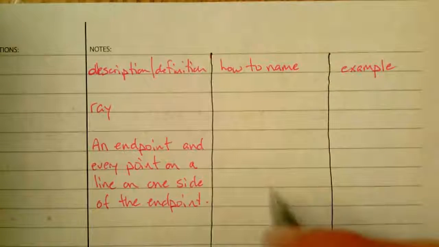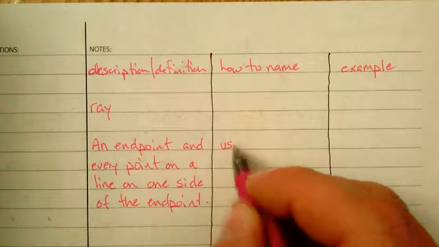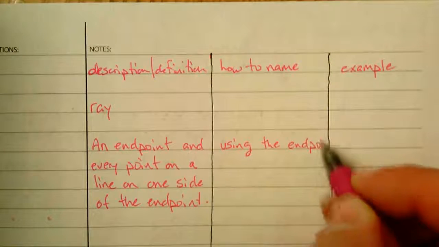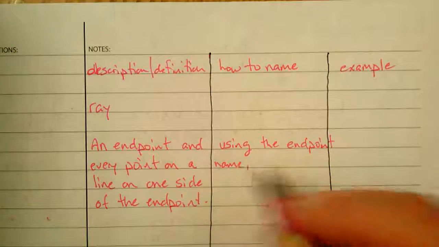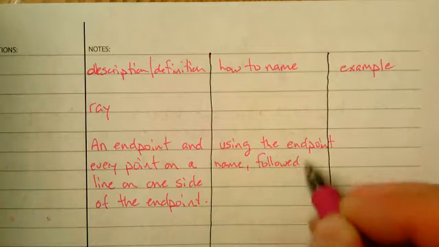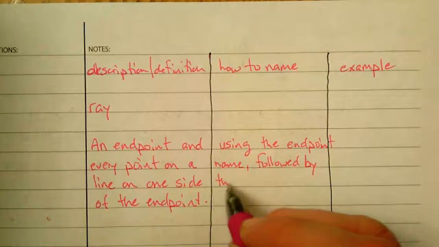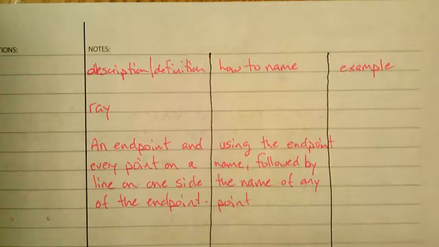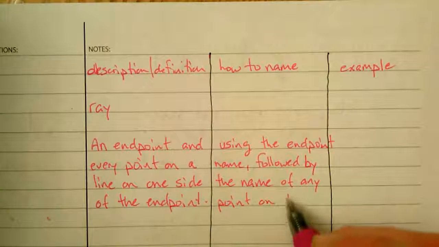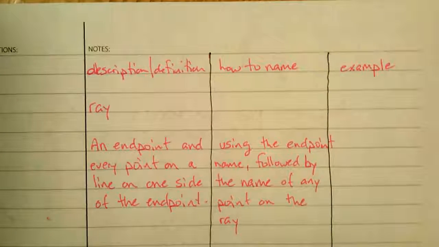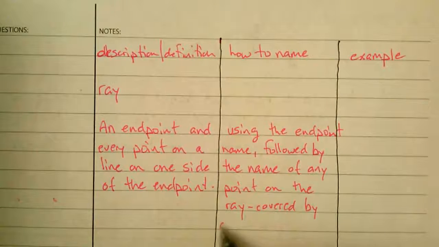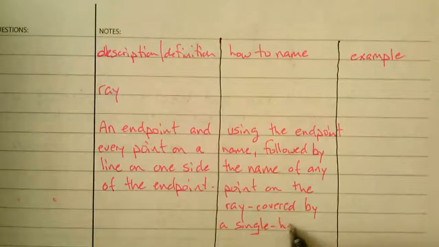Alright. How to name it? We name it using the endpoint name followed by the name of any point on the ray, covered by a single headed arrow.